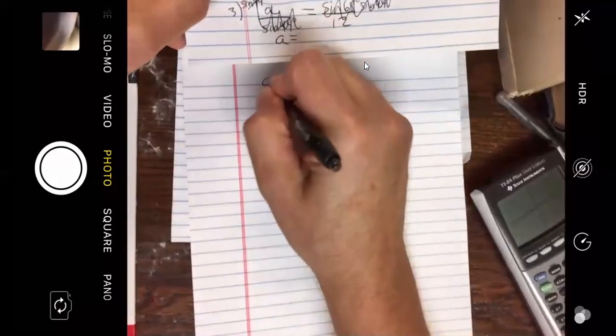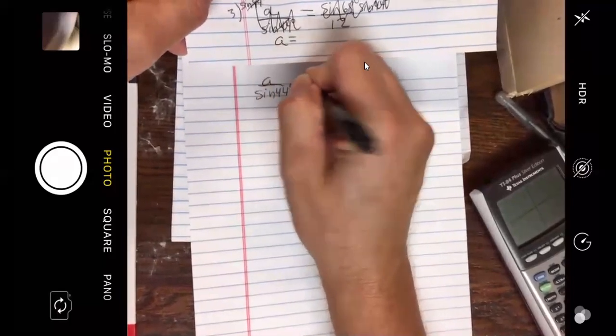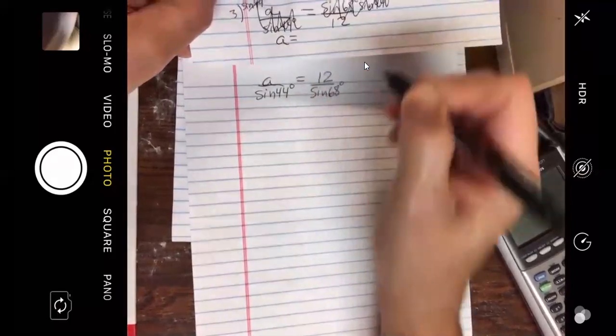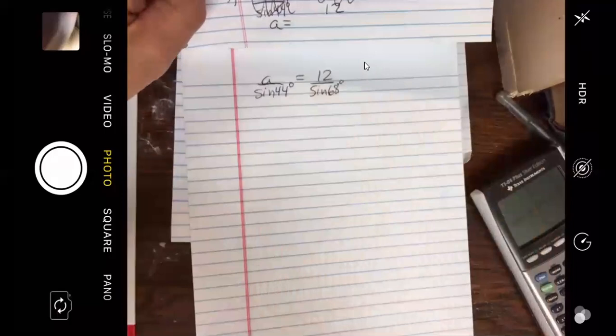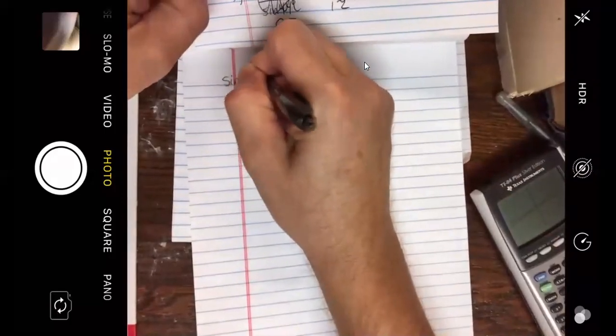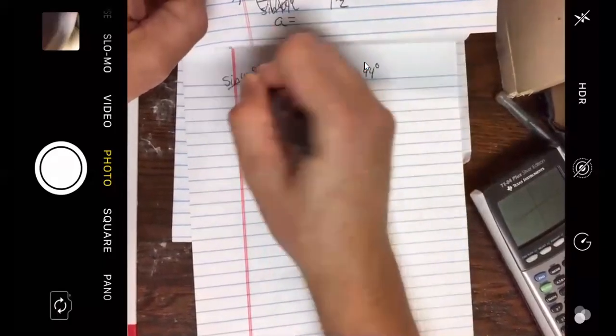So it's A over sine 44 degrees is equal to 12 over sine 68 degrees. Yeah, when those signs worked out on the same level, but wait a minute, what am I doing here? So sine 44 degrees.